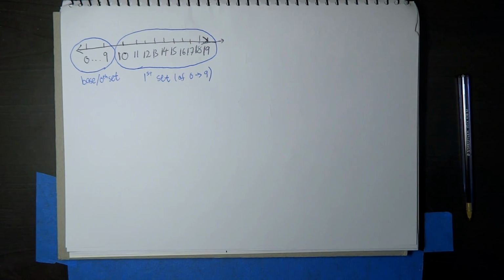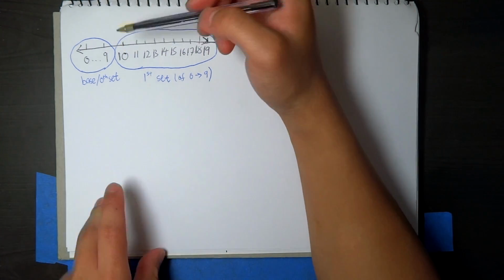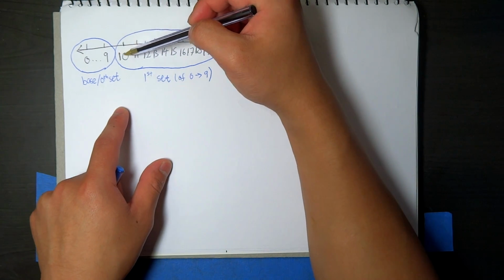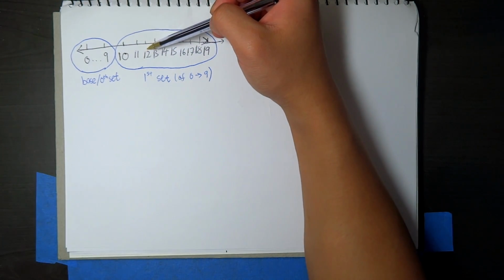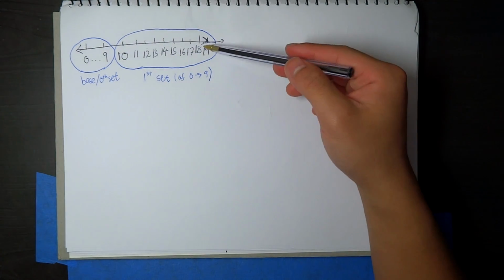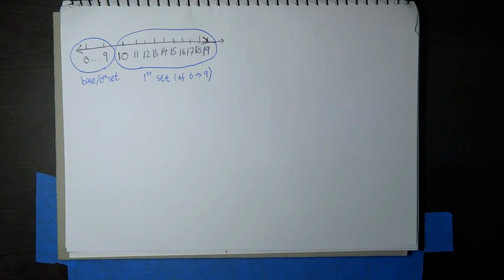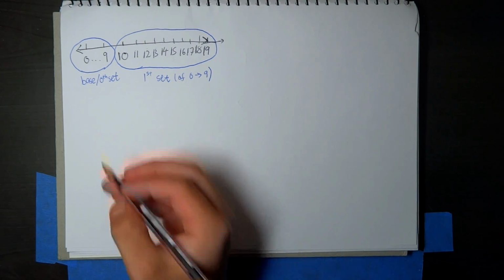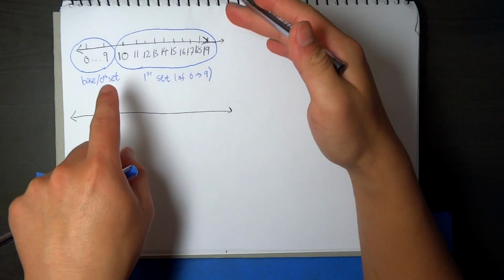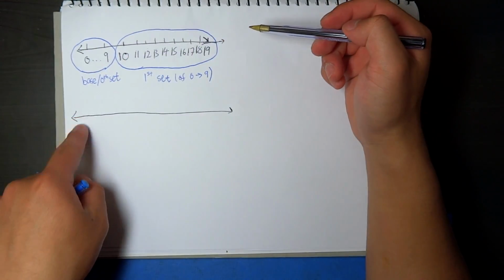Now, let's just keep extending our number line. Oh, side note, these numbers here, they have names. This is called 10, that's called 11, that's called 12, 13, 14, 15, so on up until 19. Now, let's keep extending my number line. So just pretend that this number line continues from here to there.